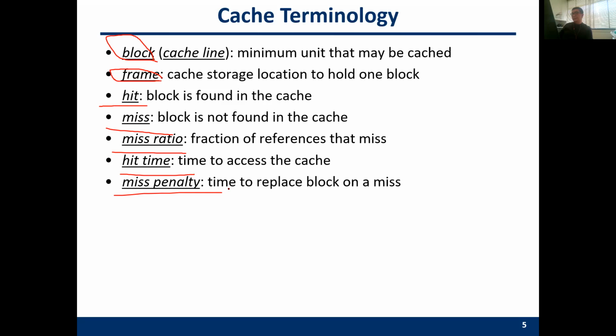This is so-called miss penalty. And if the cache is full, we need to pick an unimportant line, kick out that line, and store the useful line. This is so-called replacing that block.